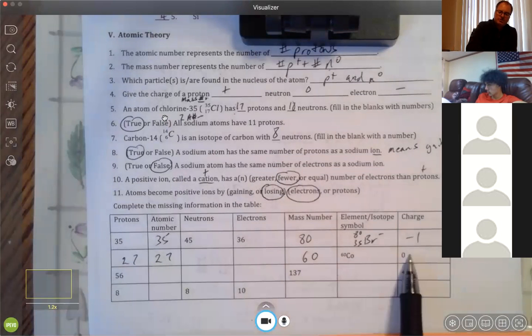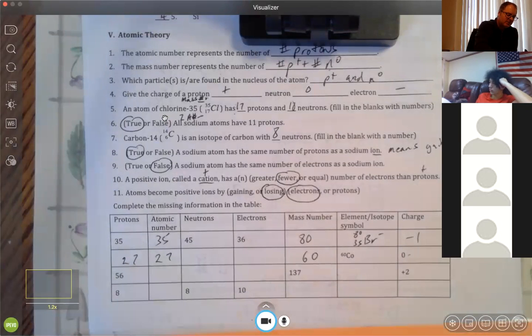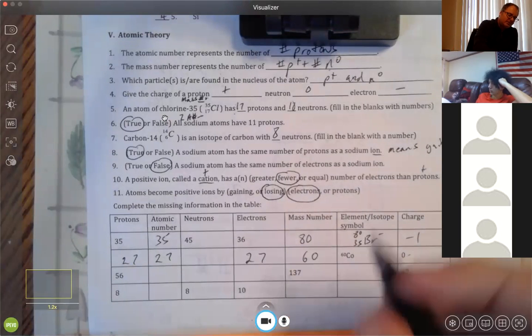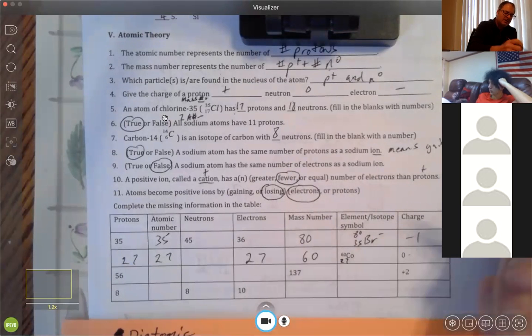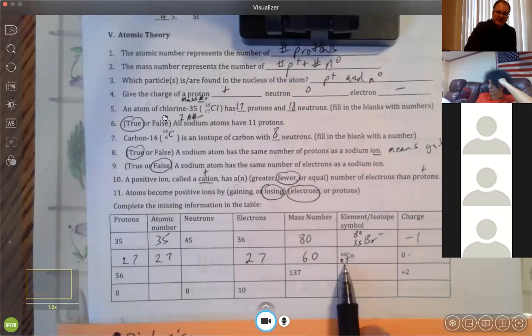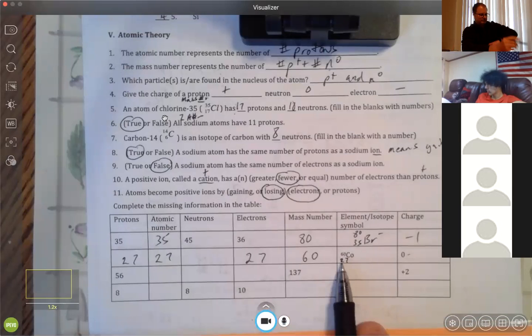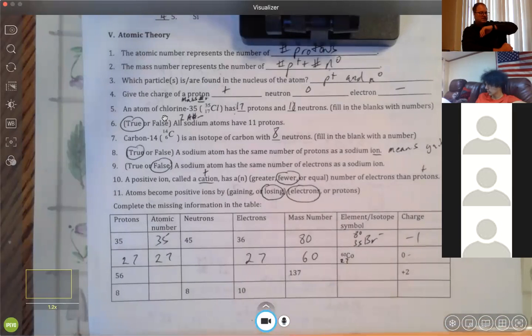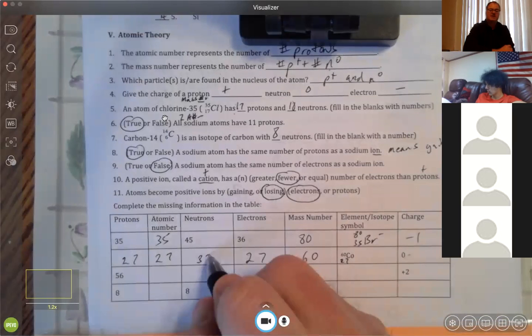Since it has no charge, its protons and electrons must be the same number, 27. That 27 is the Z, or the atomic number, so it goes down here. To find the number of neutrons, we take the mass number and subtract Z. 60 minus 27 is 33. So that is 33.